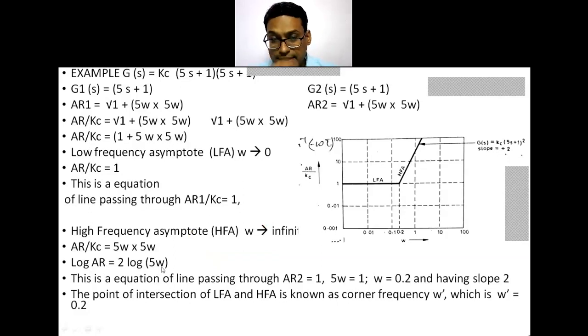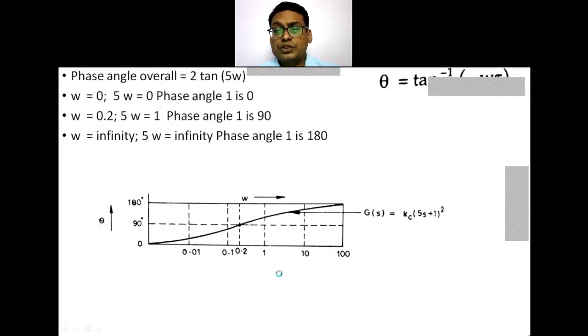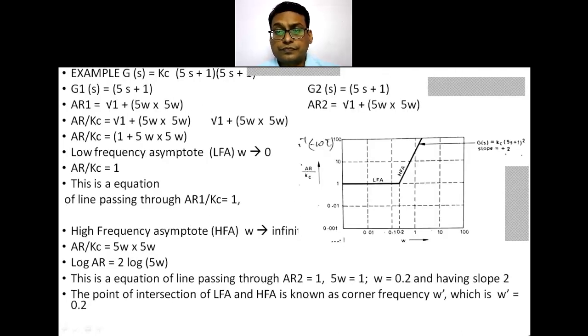So again, y is equal to mx plus c, that comes as 2 is the slope. And the amplitude ratio equal to 1 means 5 omega also comes as 1. So 5 omega is equal to 1, so omega is equal to 0.2. So omega 0.2 is nothing but the corner frequency.